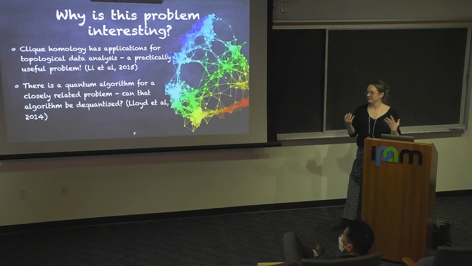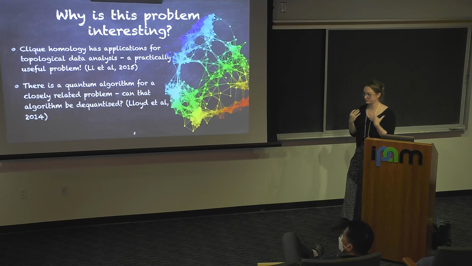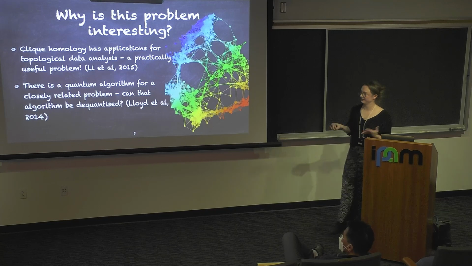So she dequantized lots of quantum algorithms and showed that they're actually classical algorithms. One of the few problems that doesn't look quantum, but that resisted this dequantization effect, was this quantum algorithm related to TDA. And that's led to some interest in understanding: is this problem truly quantum? Can we prove that this problem cannot be dequantized? Understanding that question is one of the motivations for this work.